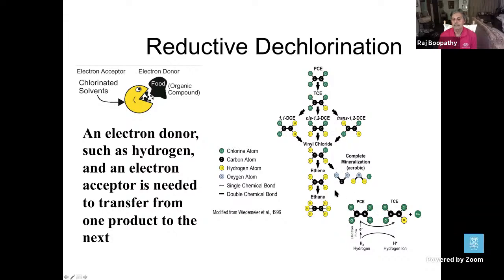Until you get to ethane, all the chlorines are replaced, and then chlorine becomes chloride, and then it precipitates out, it becomes harmless. Okay, and sometimes the reaction stops depending on the condition. For example, PCE can be converted into TCE, and the reaction stops. TCE is still very toxic, equally toxic as PCE.